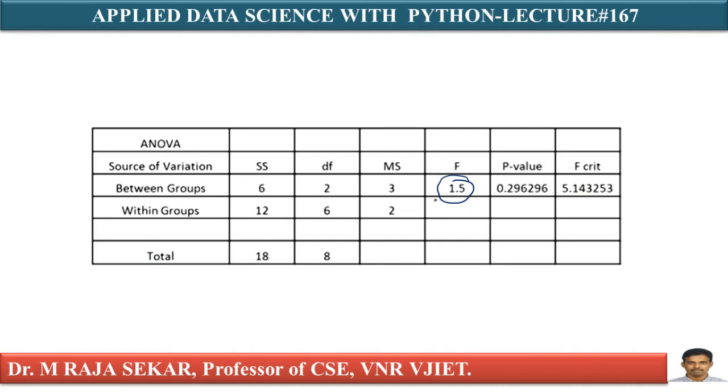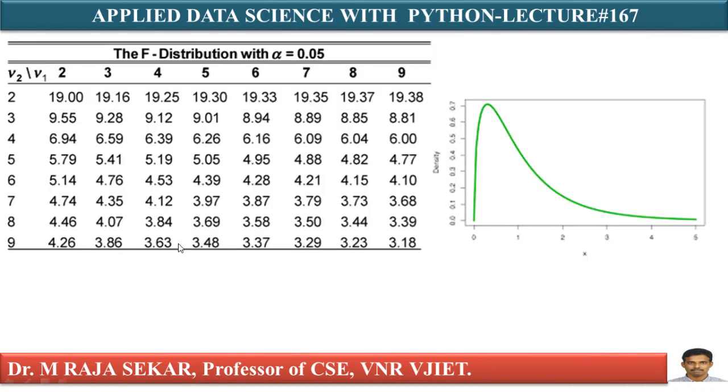Now, I must compare this calculated value with the tabulated value. Let me assume alpha equal to 0.05. Therefore, let me say this area is 0.05. I must find the corresponding F value. My calculated value, F cal, is 1.5. Now let me check F tab, where tab means tabulated value.